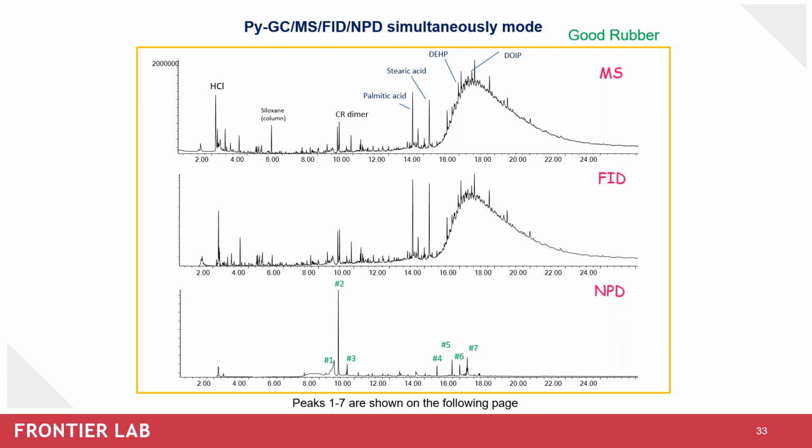So this is the GC-MS FID NPD simultaneous analysis chromatogram for the good sample. The NPD detector detects some nitrogen and phosphorus containing compounds, and I labeled them here from peaks 1 to 7 at the bottom, in green color. We'll show the peak identification of each of these peaks in the next slide.